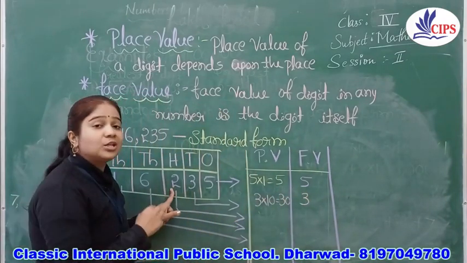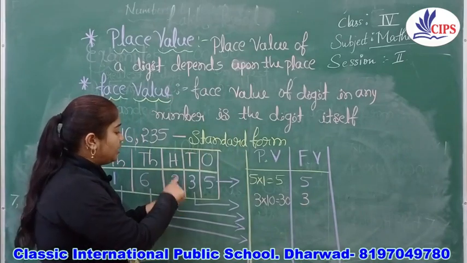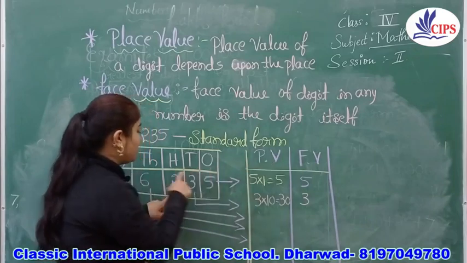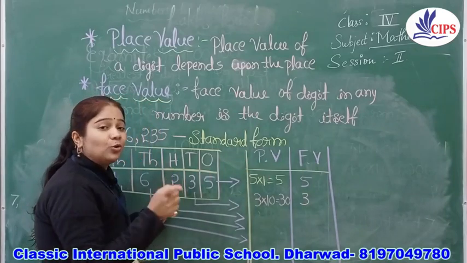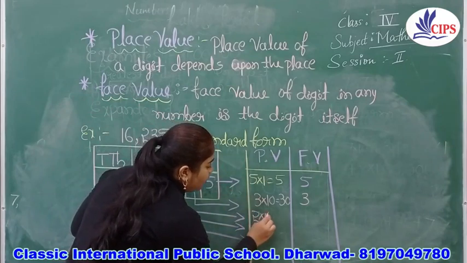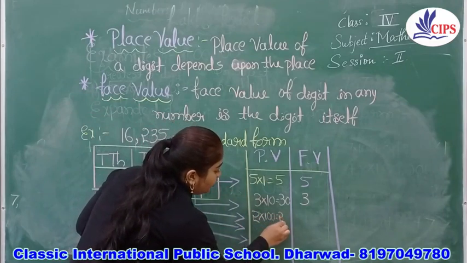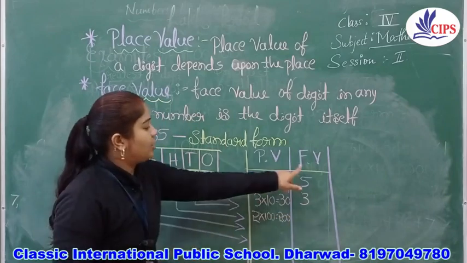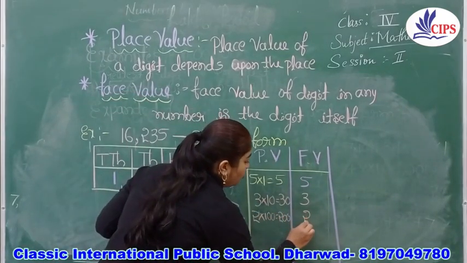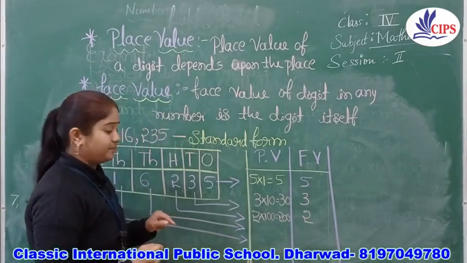And this 2? 2 is in the 100 place, so the place value of 2 is 2 into 100 is equal to 200. And the face value of 2 is 2 only.